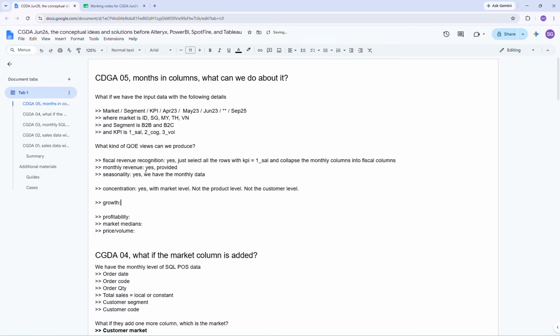Growth, of course, if you have the fiscal revenue, then the growth is straightforward. So this one, we can derive the growth rate and then the contribution rate columns from the fiscal table. Okay, so this one is straightforward.